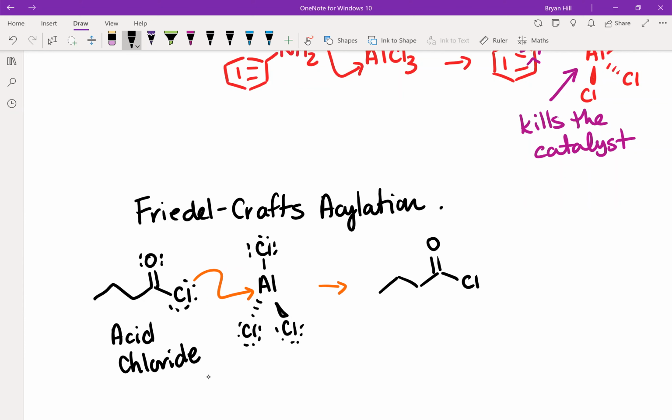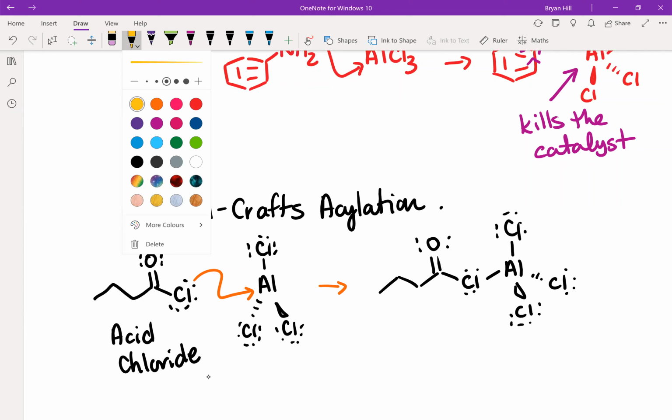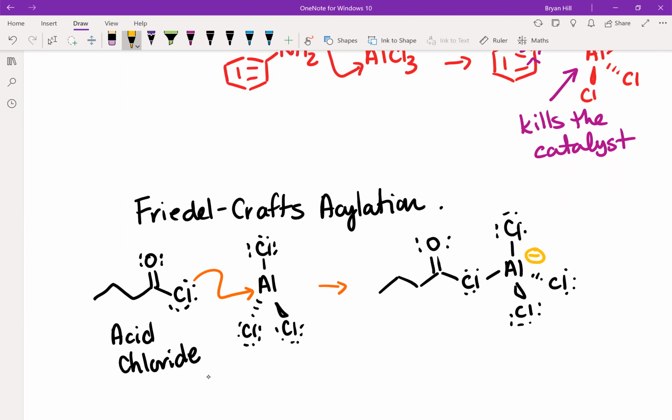We are still going to make the electrophile. So this will now have a negative charge. This will have a positive charge. And what I'm going to do is boot that out like this.